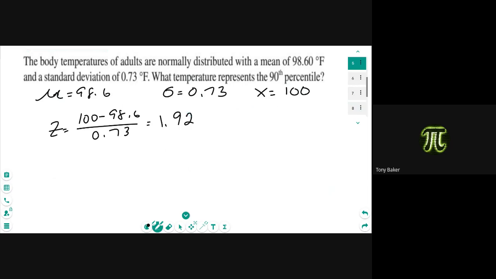Yes, you round. So it's 2.7%. My z-score is 1.92. Look up 1.92.